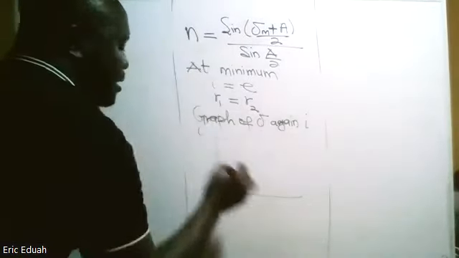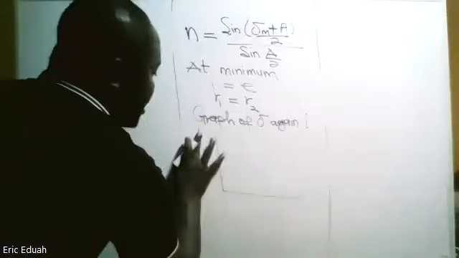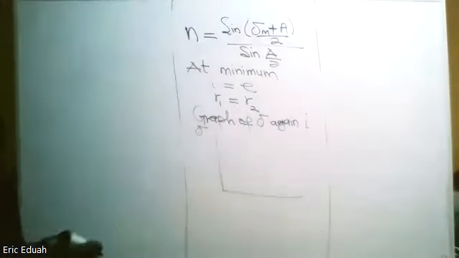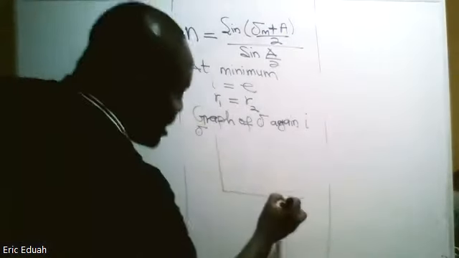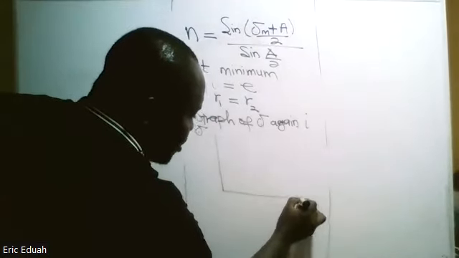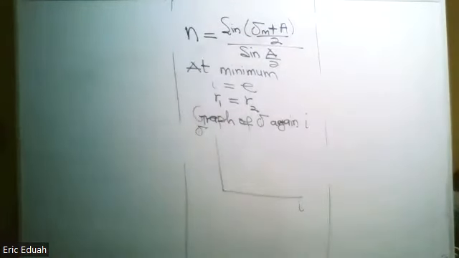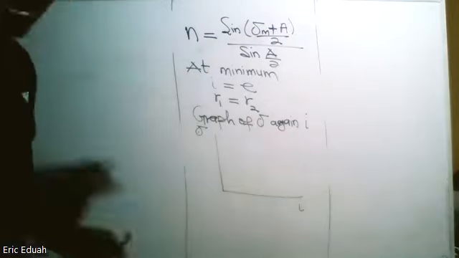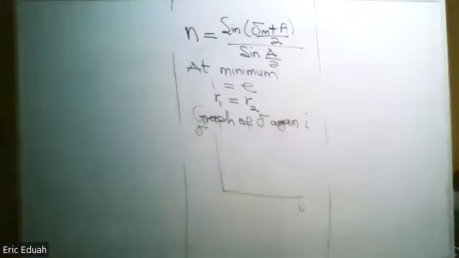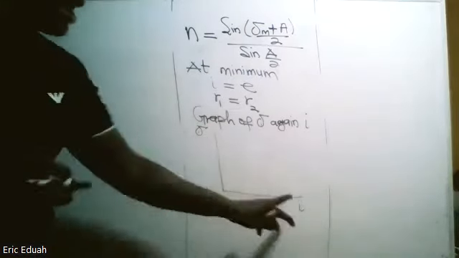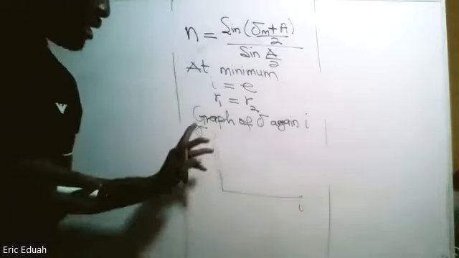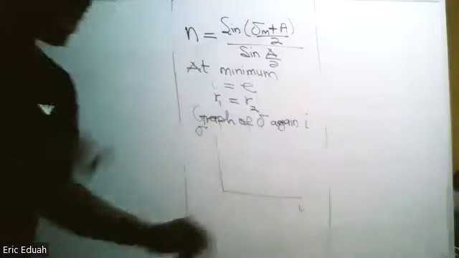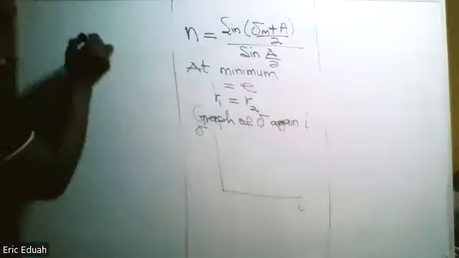So I get a graph of deviation on the vertical axis and I on the horizontal axis. Okay. Please, it is sigma on the vertical axis and I on the horizontal axis.